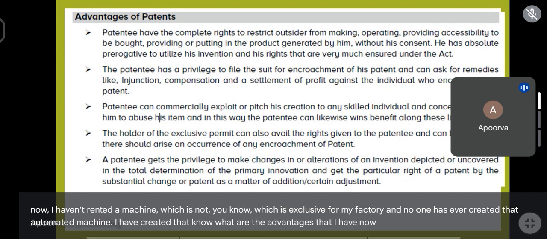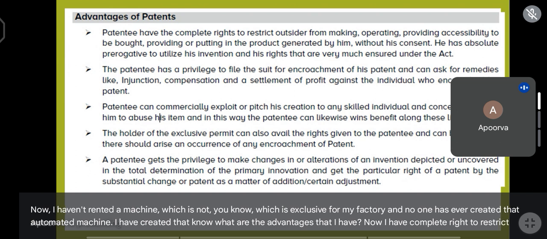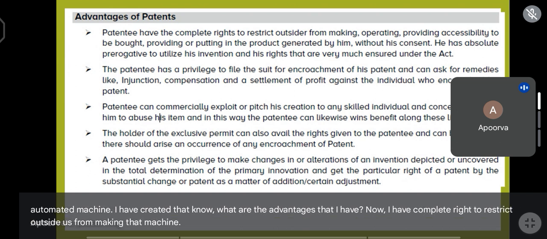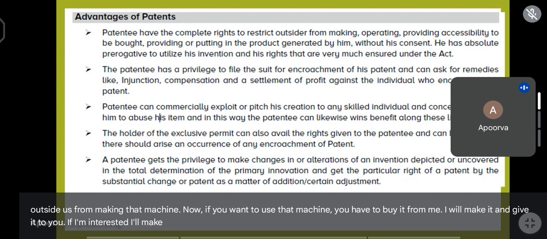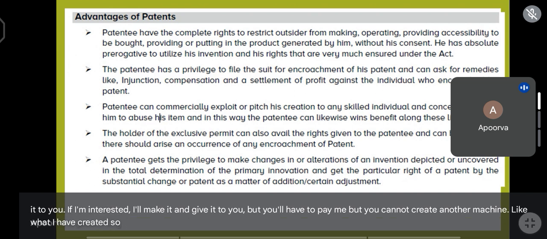Now I have the complete right to restrict outsiders from making that machine. If you want to use that machine, you have to buy it from me. I will make it and give it to you. If I'm interested, I'll make it and give it to you, but you'll have to pay me. But you cannot create another machine like what I have created. So that's my exclusive right on the machinery.